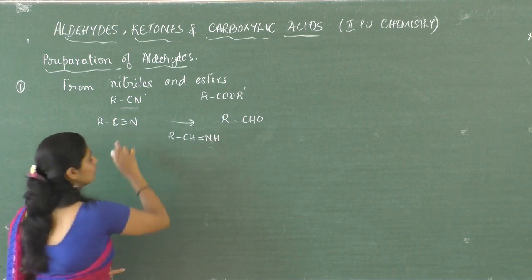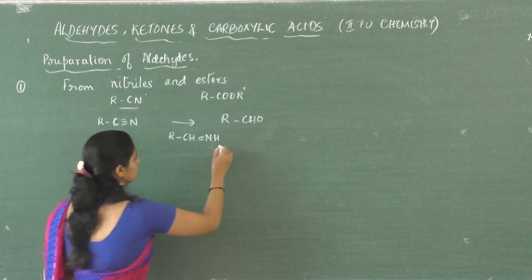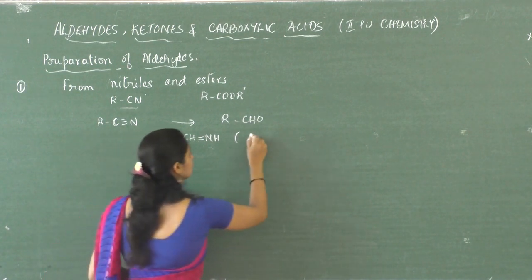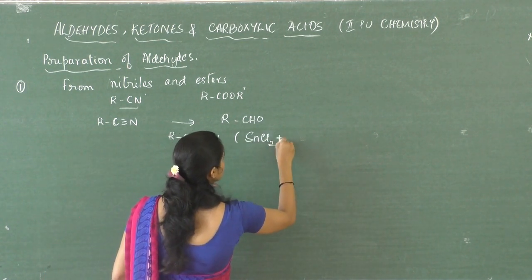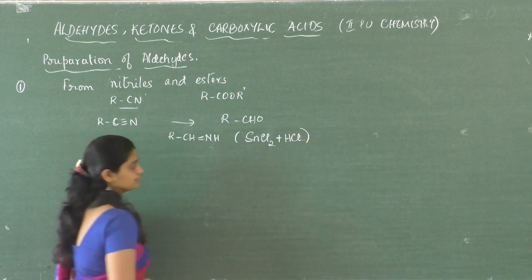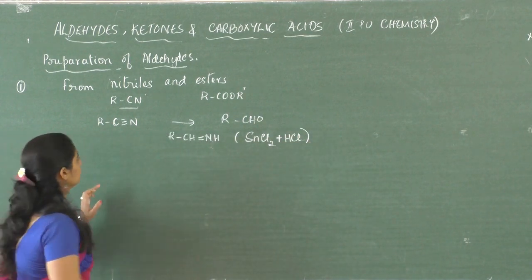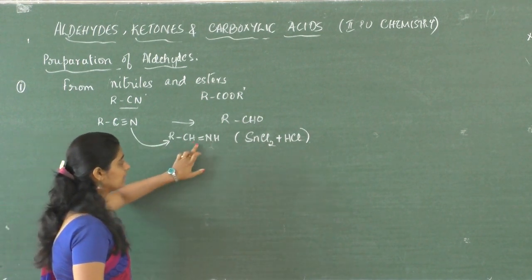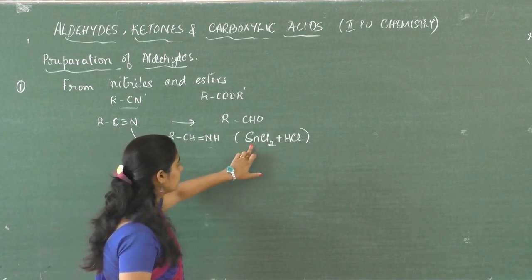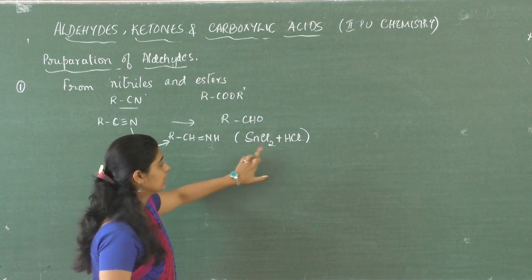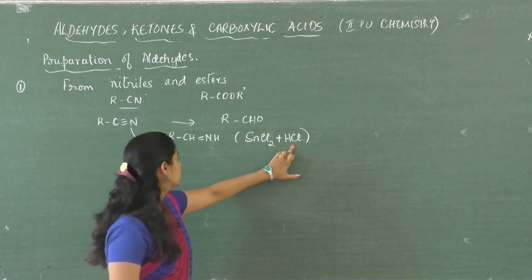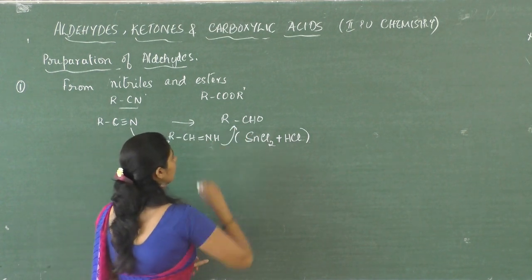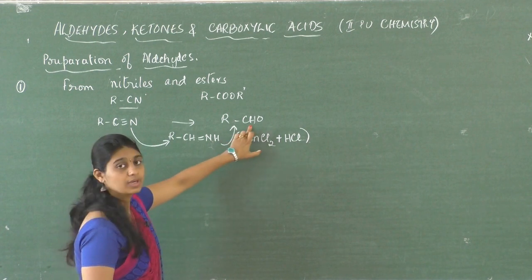So this is a corresponding imine of this nitrile, and this is done in the presence of a reducing reagent, that is stannous chloride in the presence of hydrochloric acid. So nitriles are subjected to reduction so as to obtain imines when treated with stannous chloride in the presence of hydrochloric acid. The imines are formed. The formed imines, on hydrolysis, will give the corresponding aldehyde.